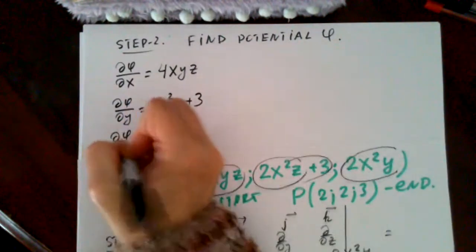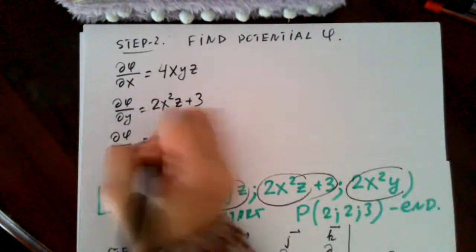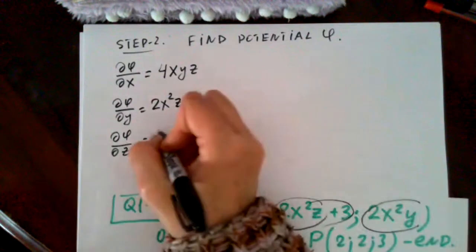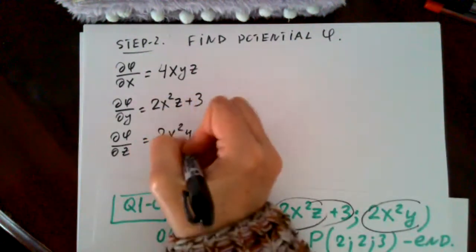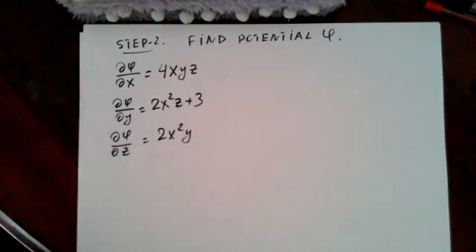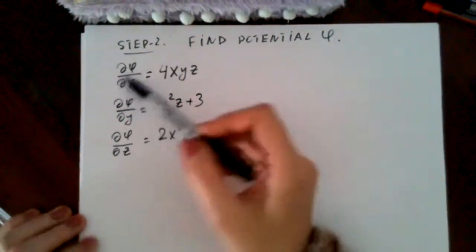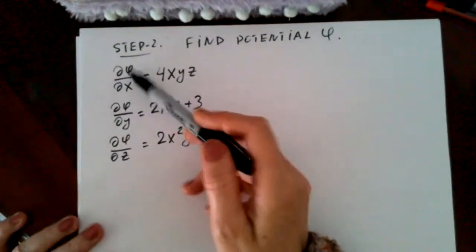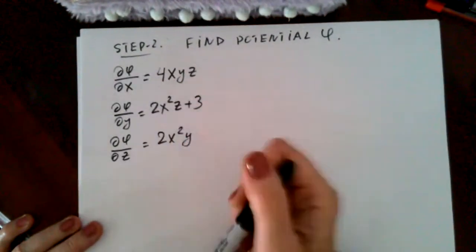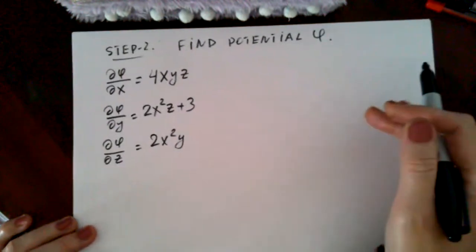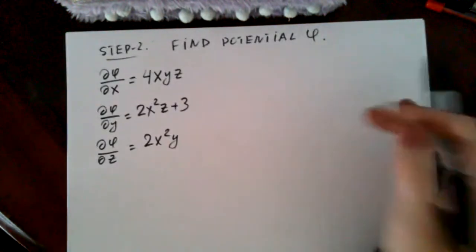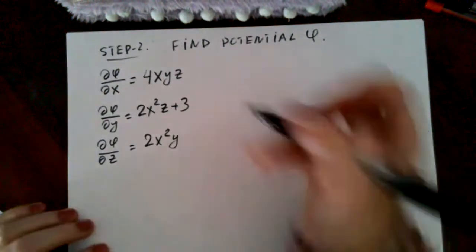And the last component is d phi over dz, which is 2x squared y. So this is the given information, and our task is to find this function phi, which has these three partial derivatives. And let's remember our technique, I would call it an algorithm.